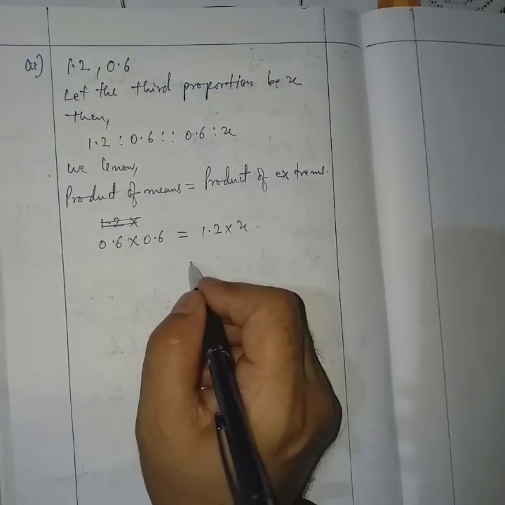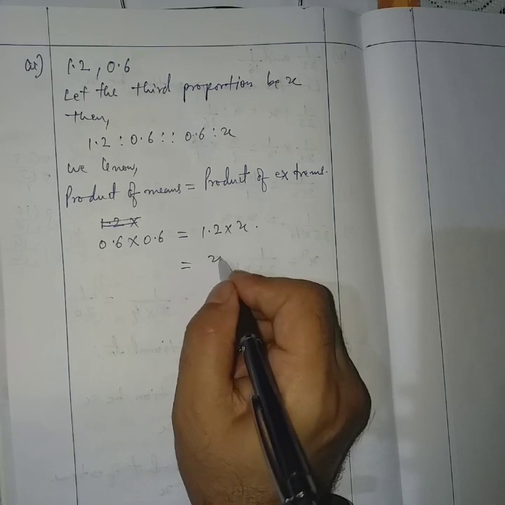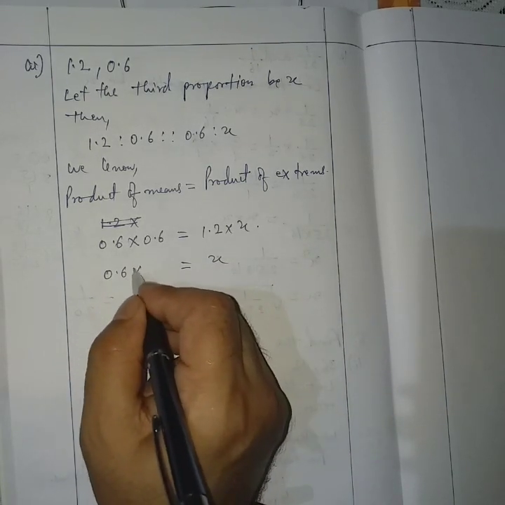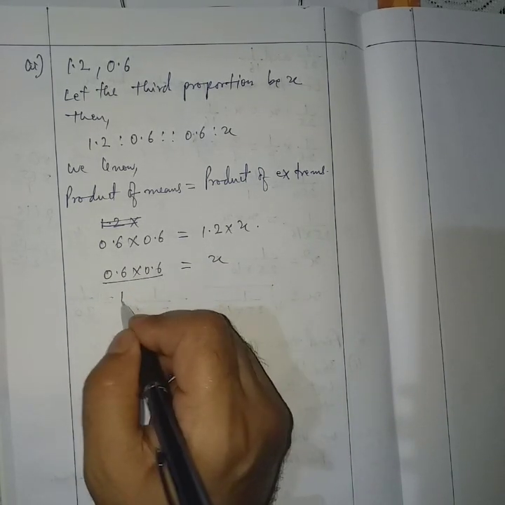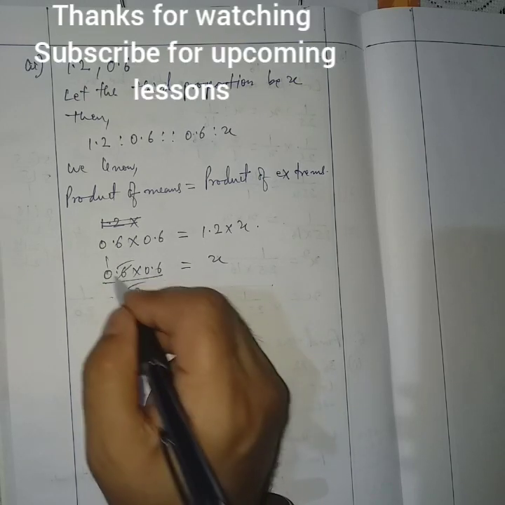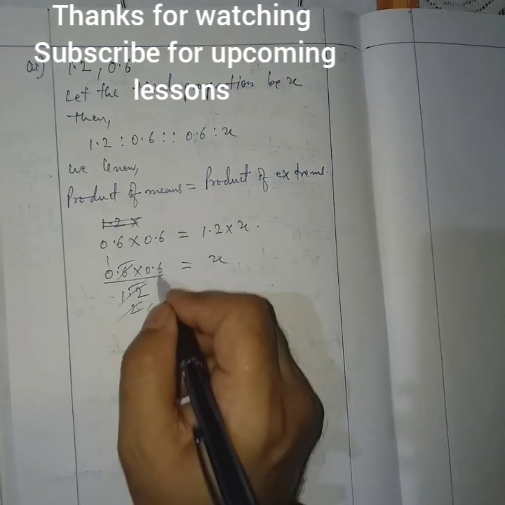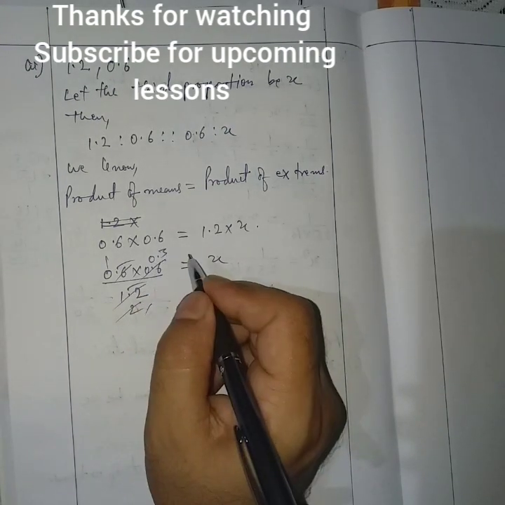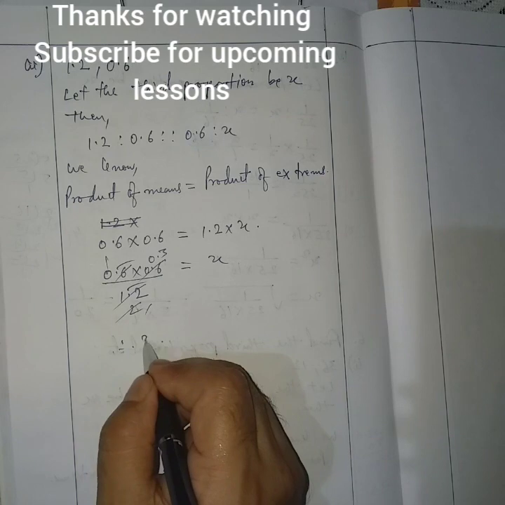So x we are looking for: x will be 0.6 into 0.6 divided by 1.2. This decimal and this decimal go; 6 ones are 6, 6 twos are 2, 1 ones are 0.3. Therefore x is equals to 0.3.